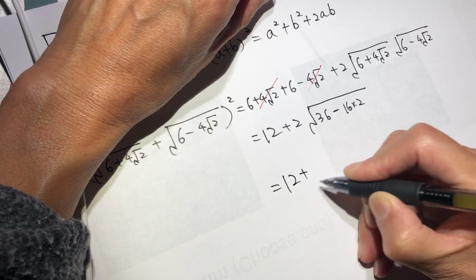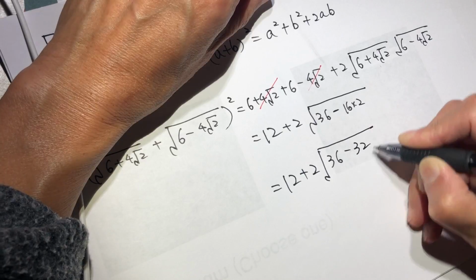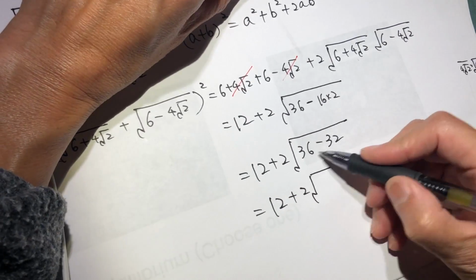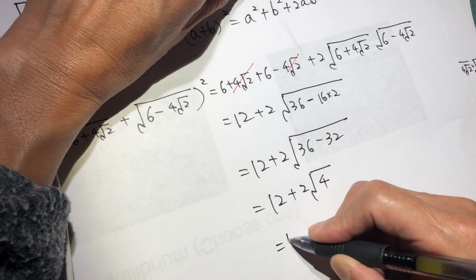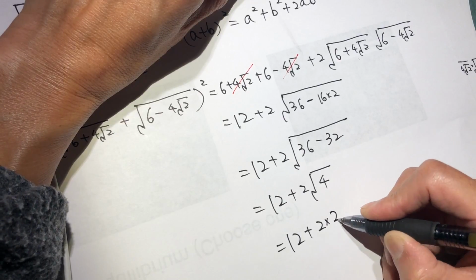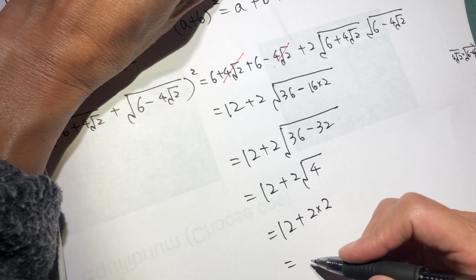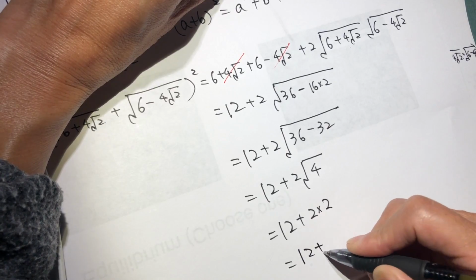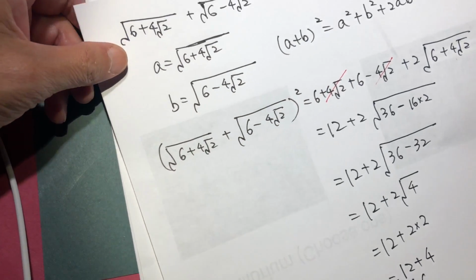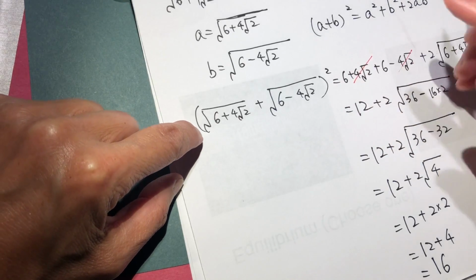Equal to 12 plus 2 times the root of (36 minus 32), equal to 12 plus 2 times root 4, equal to 12 plus 2 times 2, equal to 12 plus 4, equal to 16.